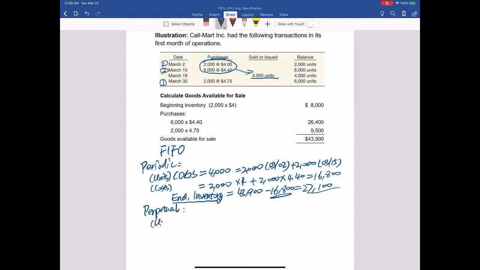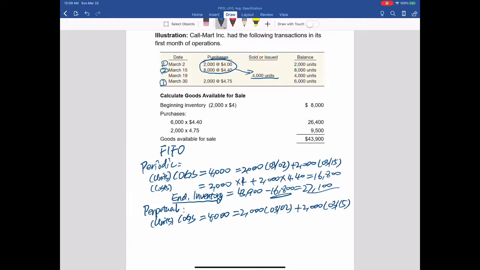So the number of units for cost of goods sold, 4,000, and again 2,000 is from March 2nd, and 2,000 from March 15th.